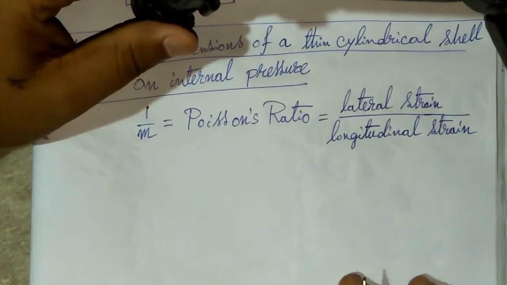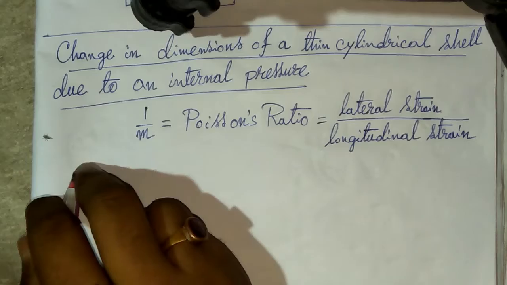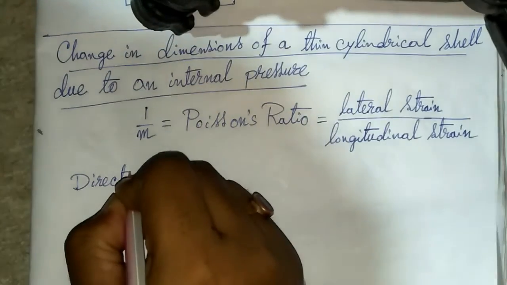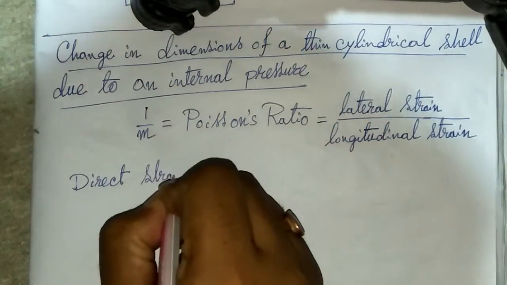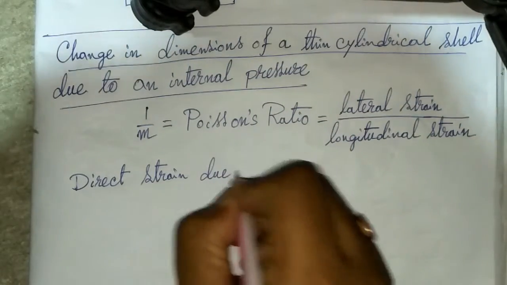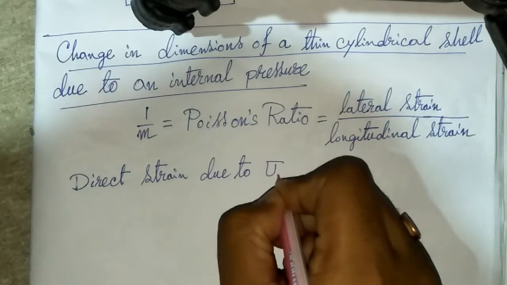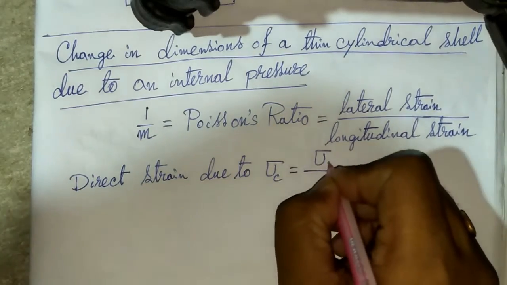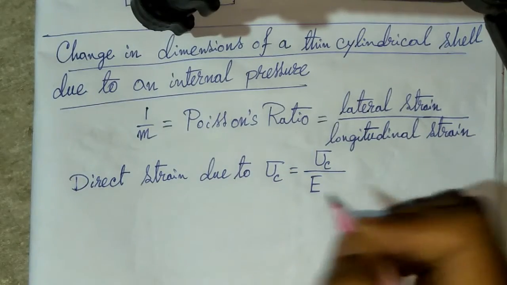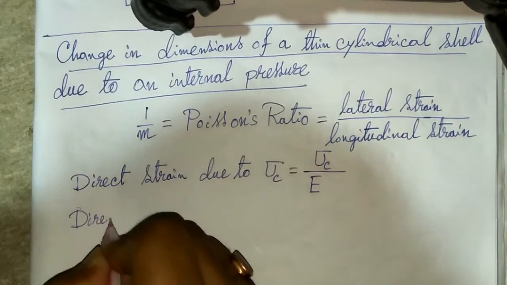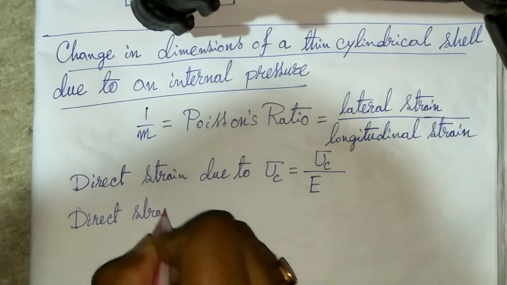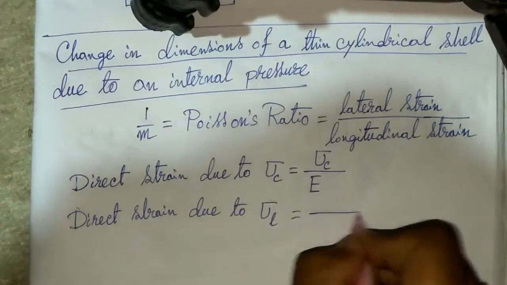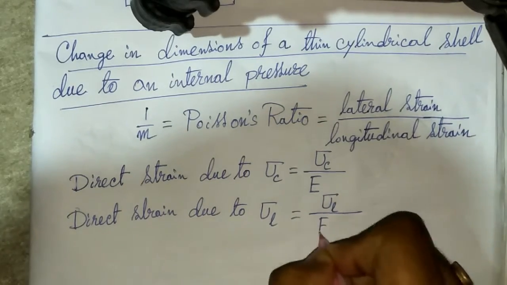So first of all, the direct strain due to sigma c, the hoop stress or circumferential stress, is sigma c by E, modulus of elasticity, and the direct strain due to sigma L, that is the longitudinal stress, is sigma L by E.